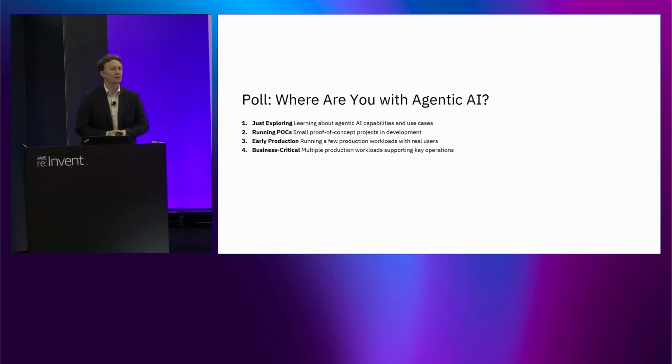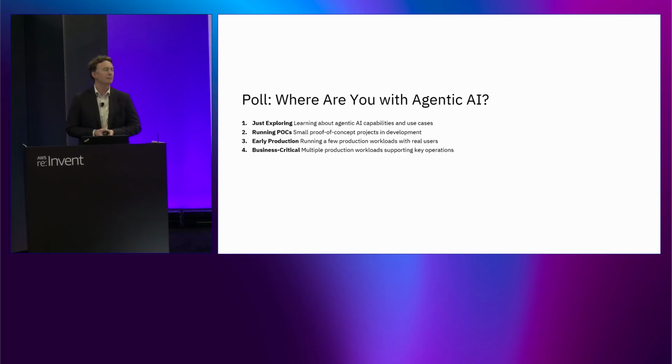Before I get started, I would love to get some feedback from the audience, just a quick poll in terms of where you are with adoption of agentic AI. Raise your hands if you're just exploring, just getting started with learning about agentic AI and where it might apply for your environment. Okay, makes sense. How many of you are running proof of concepts, where you actually have some workloads in development?